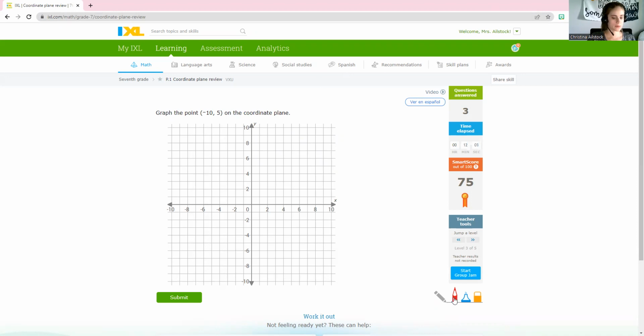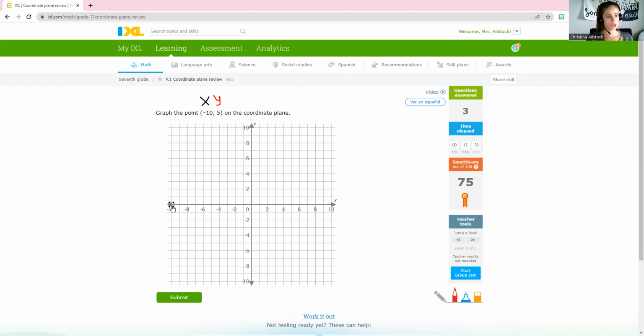So we want to have something that is located at -10, which is our X value, and 5, which is our Y value. When we're graphing an ordered pair, you start at the beginning, and we need to go to the X value of -10. Remember, horizontal is your X axis, so we'll go all the way over to -10, but don't click yet. You got to do the full movement.